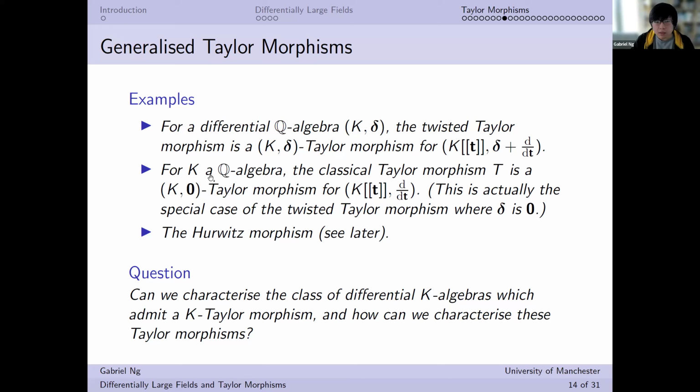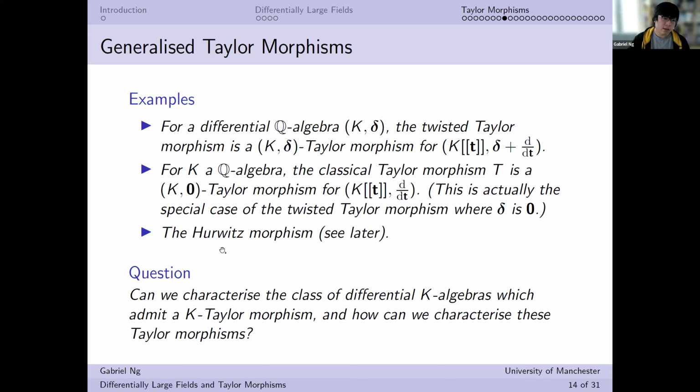If we take a constant Q-algebra, that is a Q-algebra equipped with the zero derivation, this classical Taylor morphism T turns out to be precisely a (K, 0)-Taylor morphism for K[[T]] with d/dt. In fact, this is just a special case of the previous one, where you take δ to be 0.